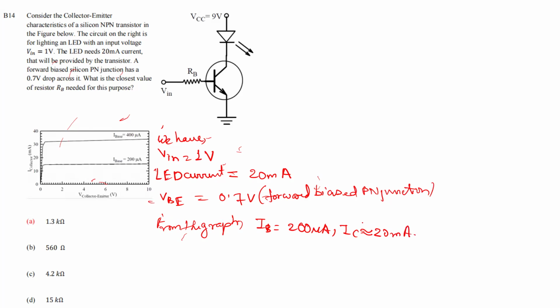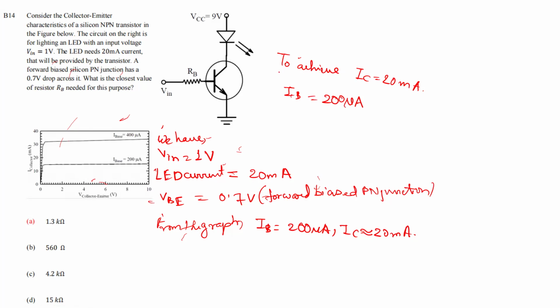Therefore, to achieve IC equal to 20 milliampere, we need IB equal to 200 microampere.